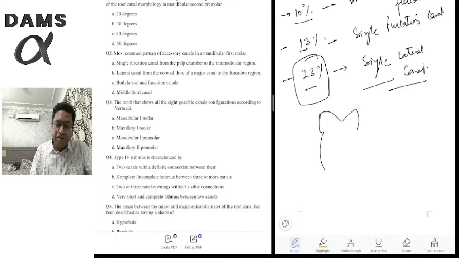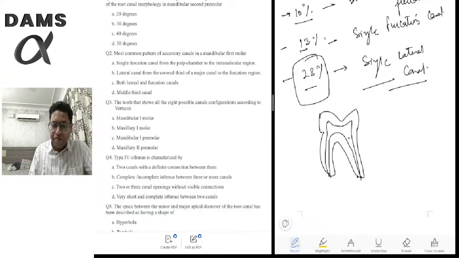So if this is a mandibular first molar, the mesial side, the distal side of it, this is the original root canal anatomy. There would be a single lateral canal in the distal aspect, coronal 2/3. In the distal root, coronal 2/3. This is the most common pattern. So, lateral canal from the coronal 2/3 of major canal to the furcation region, single furcation canal from the pulp chamber, both lateral and middle 1/3.